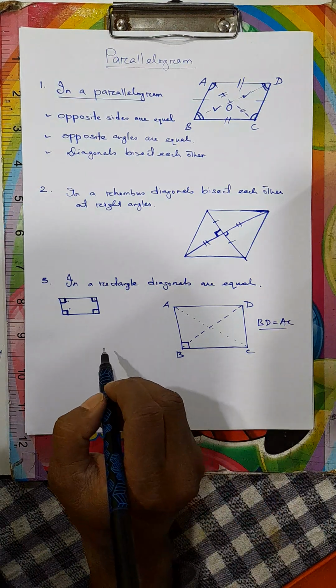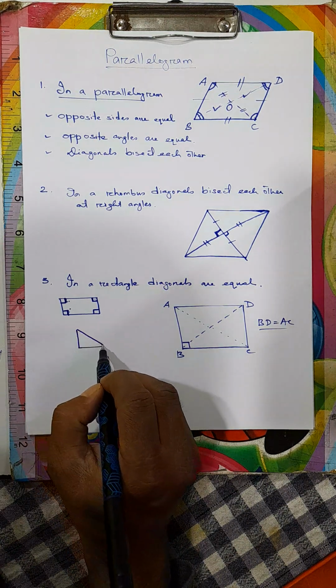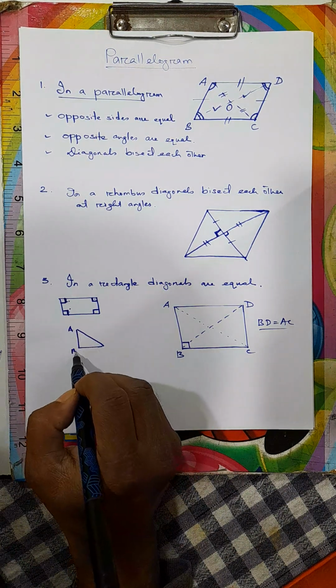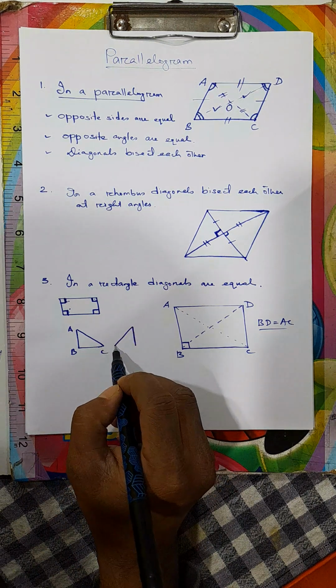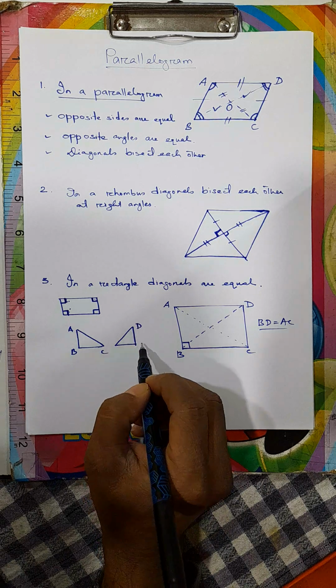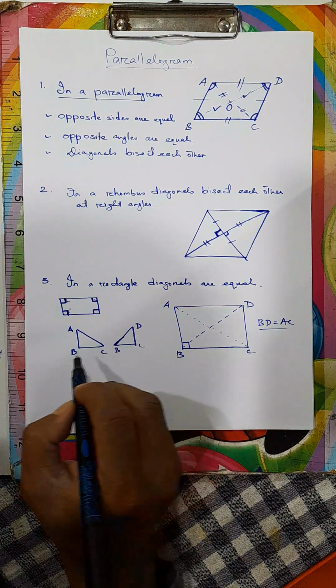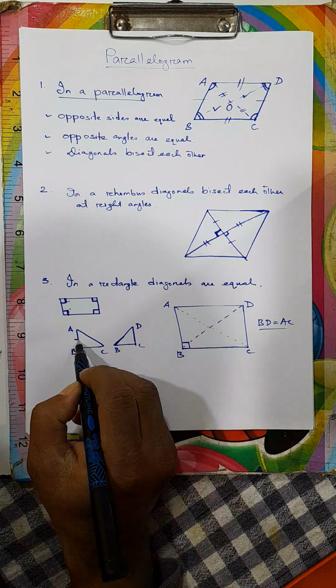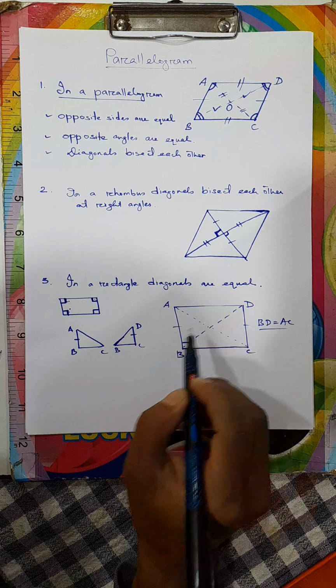You can consider these two triangles, say ABC and DCB. Now you find that AB equal to CD. They are opposite sides of a parallelogram.